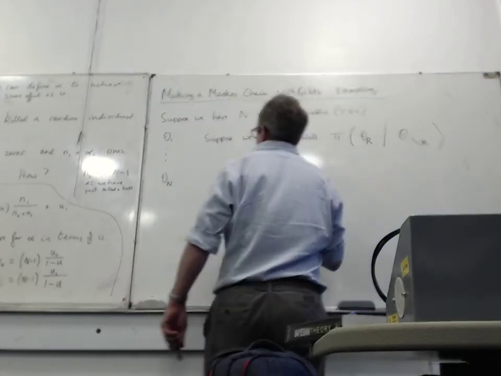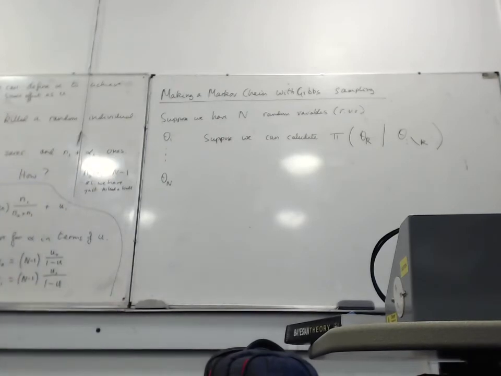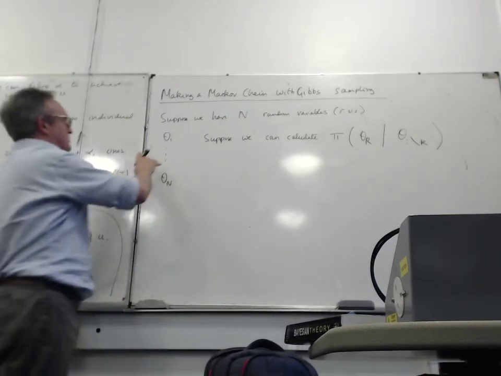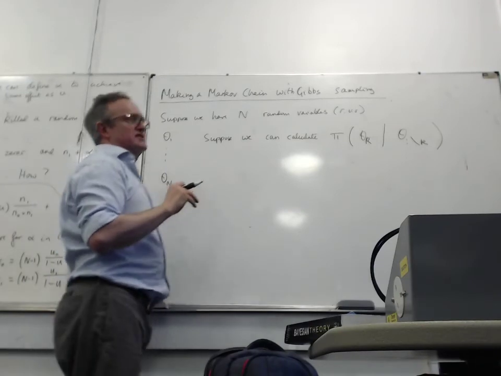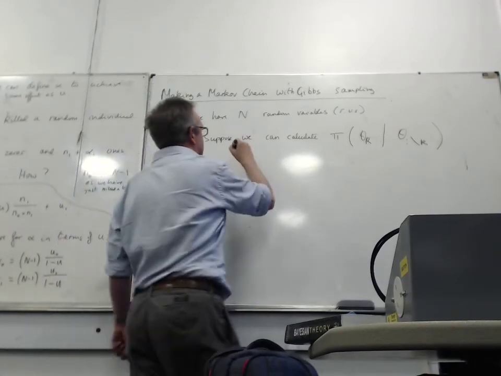So if we rub out one of them, we can calculate what the probability of putting a 1 or a 0 is. This is like our breeding probability calculations. This is exactly what.